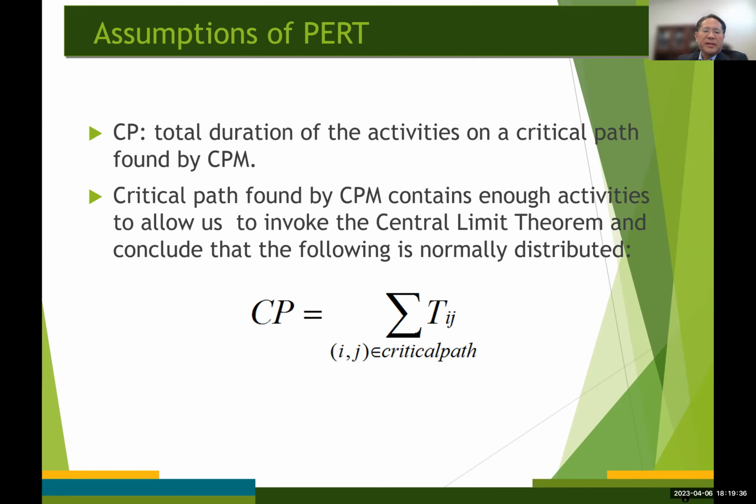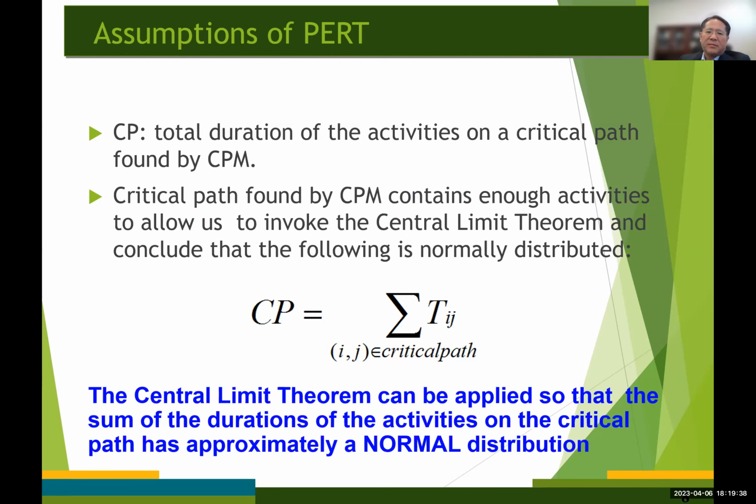Then if you let CP be the random variable denoting the total duration of the activities on a critical path found by CPM, then PERT assumes that the critical path found by CPM contains enough activities to allow us to invoke the central limit theorem and conclude that the total duration of the activities on a critical path is normally distributed.